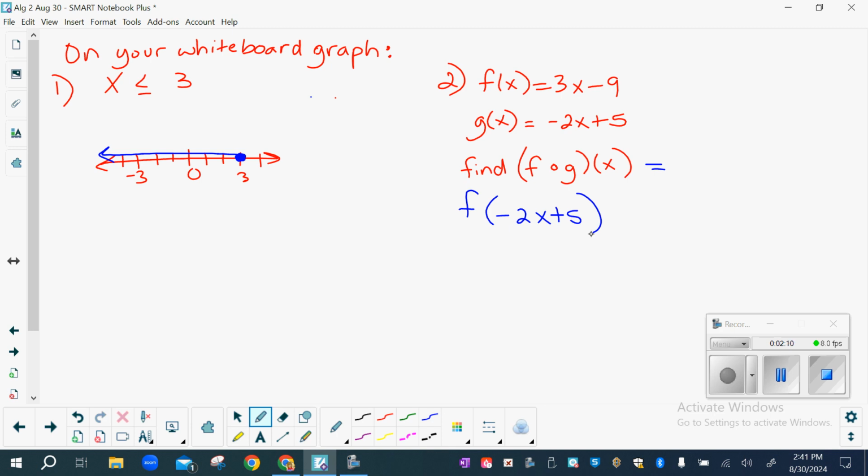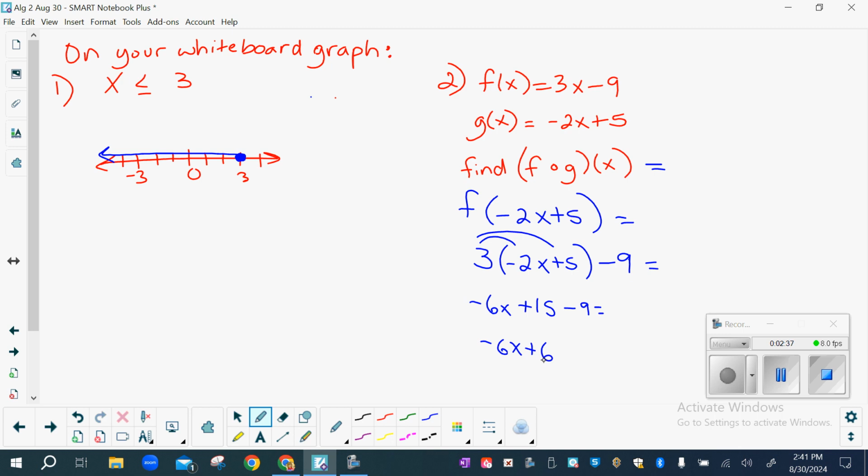So we take the g of x, which is negative 2x plus 5, and we put it into the f function. Does that make sense? So now we're going to take this f function, which is 3x minus 9, take 3 and put the negative 2x plus 5 in place of x, minus 9. So now we distribute: negative 6x plus 15 minus 9, which is negative 6x plus 6.